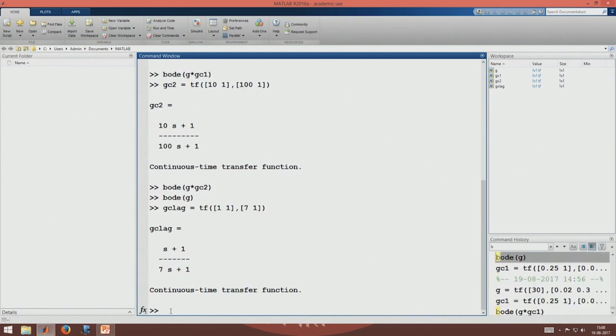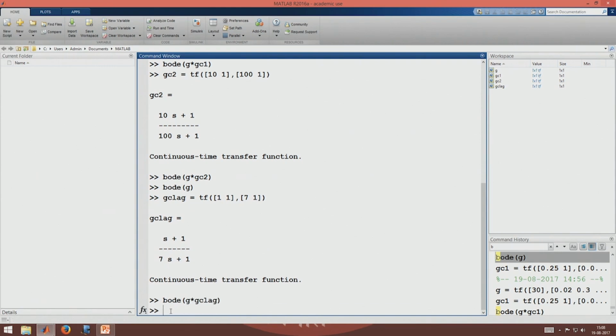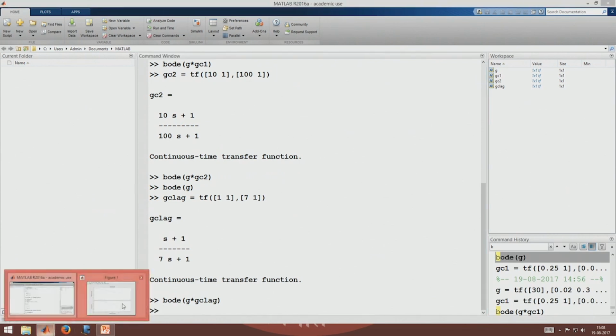So something like this, and then I look at the Bode plot of the lag compensated system. So G is the gain adjusted, and then I have GC lag. So what is happening with this now?